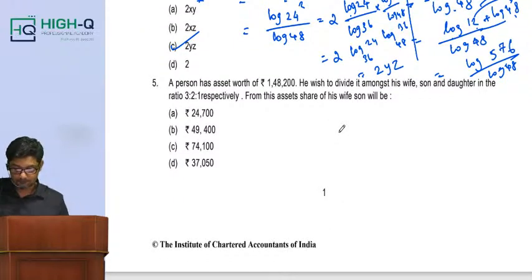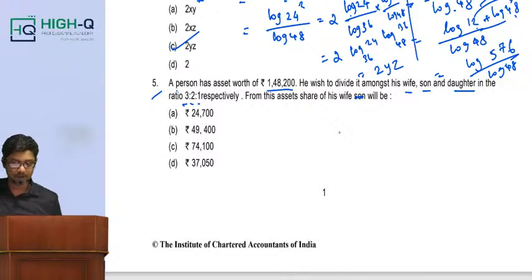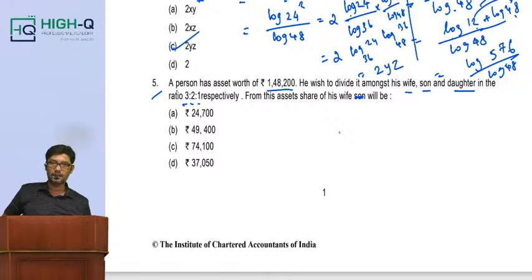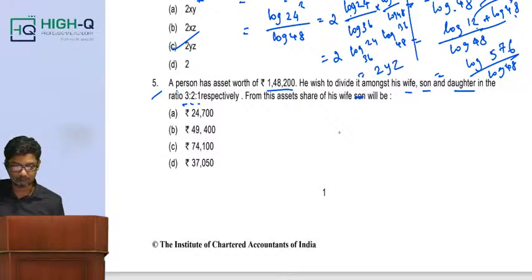Okay. Now, a person has an asset worth 1,48,200. These are important type questions. He wished to divide it amongst his wife, son and daughter in the ratio 3:2:1 respectively. How much is the wife's share? That is what you have to find out. First person is wife, second person son, third person daughter.